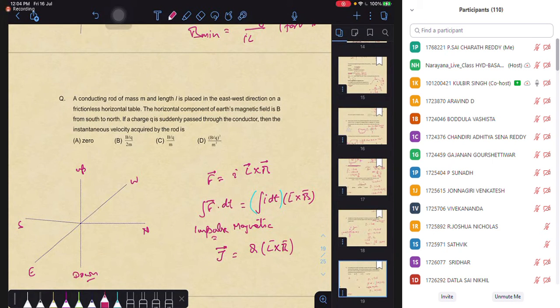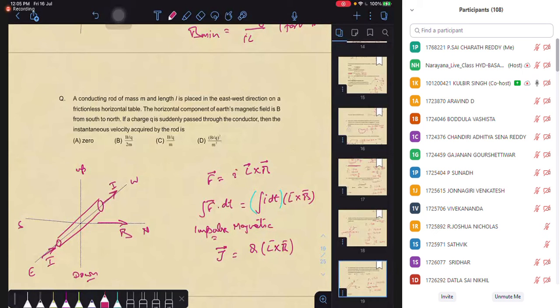So that is my field direction, south to north. That's my B. What about the current? The current is going to pass from east to west. So here is my rod, and the current enters the rod and passes this way.